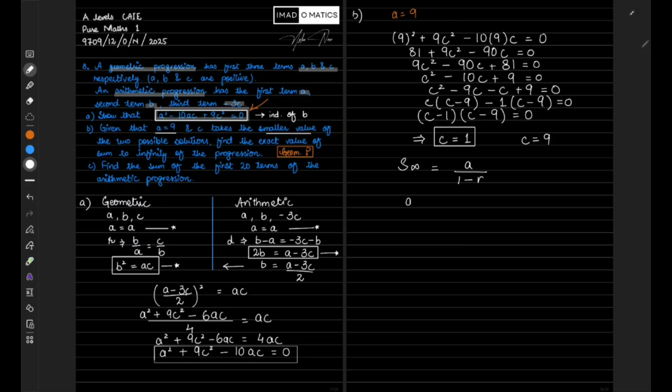So what is A? A is 9. What is common ratio? First we have to find B, because B over A is common ratio. Common ratio is either B over A or C over B. We need B for both.